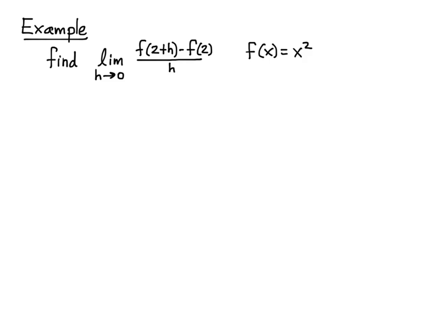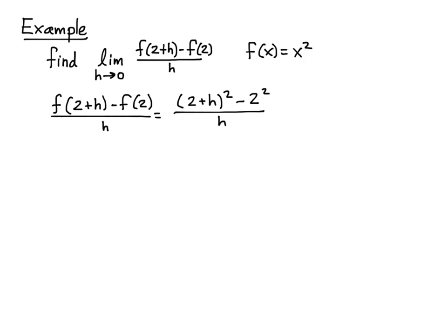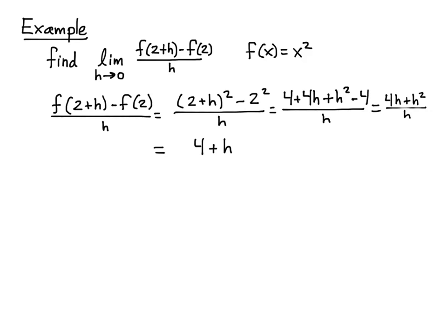Okay, so let's look at this now. We have f at x equals x squared, and we want to find the limit of this difference quotient as h goes to 0. What I'm going to do is expand it and then simplify it.